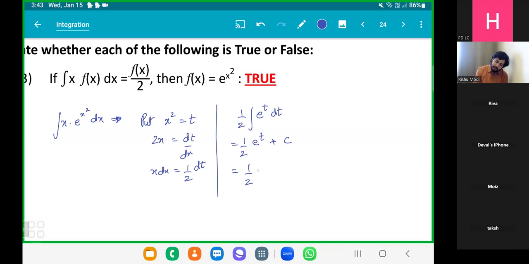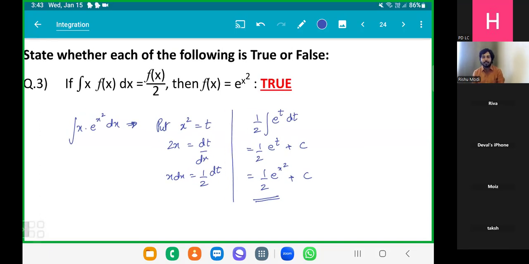Half e raised to t is nothing but e raised to x square by 2. Right? So it matches the answer. So your answer for the third one becomes half e raised to x square, and e raised to x square is my function.